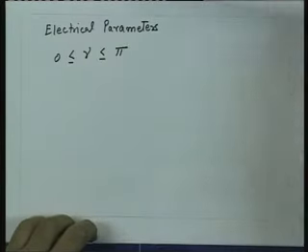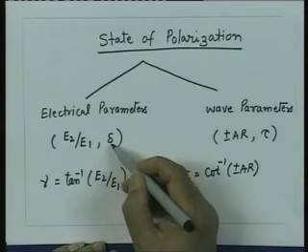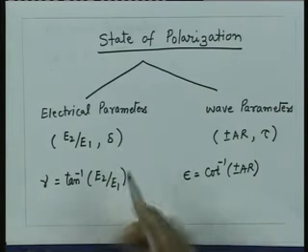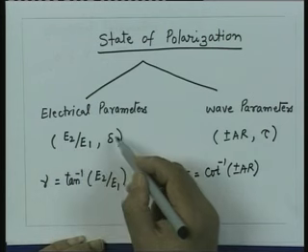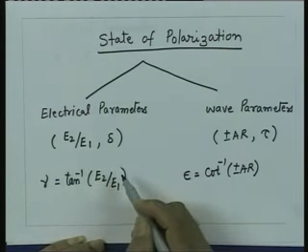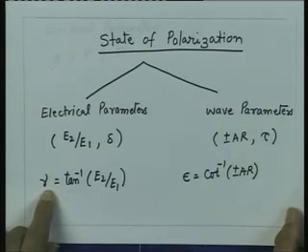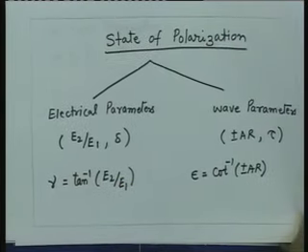What we are doing here is that we are assuming that the phase angle between the two components ranges from minus 90 to plus 90 degrees, whereas the phase difference between the two electrical quantities can vary from 0 to 360 degrees. To account for that, essentially we put the sign along with this and make the phase difference range from minus 90 to plus 90 degrees. That is the reason this quantity gamma will vary from 0 to pi, because this quantity can even be negative.